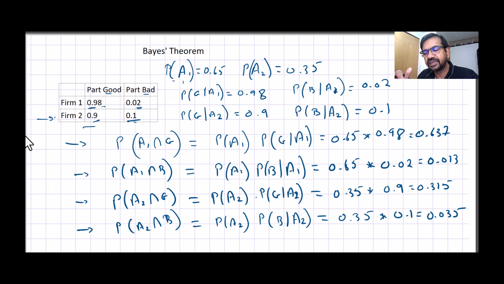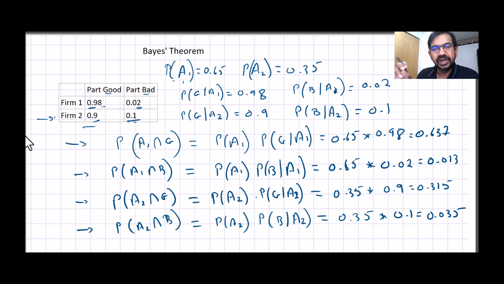Now, intuitively, we know that we are sourcing 65% of our items from firm 1, and firm 1 seems to have relatively more good parts than parts that fail. We source fewer parts from firm 2, and firm 2 has a slightly higher percentage probability of getting a bad part.